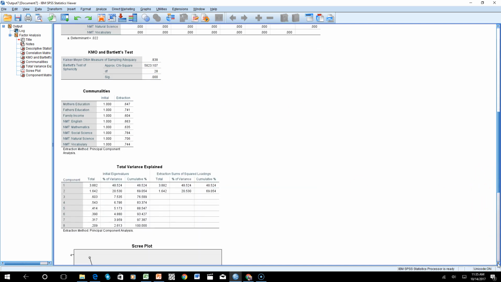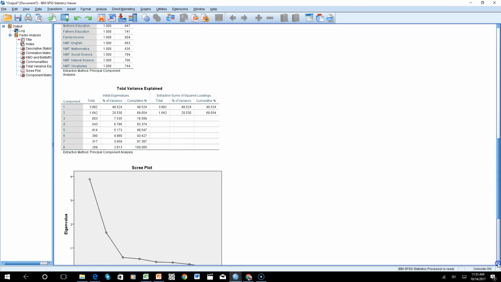We can move down here, and we can look at our total variance explained. We look at our eigenvalues. What we want to see is any that were over 1, and we have 2. The first one accounts for 48%, and the second one accounts for about 20% of the variance.